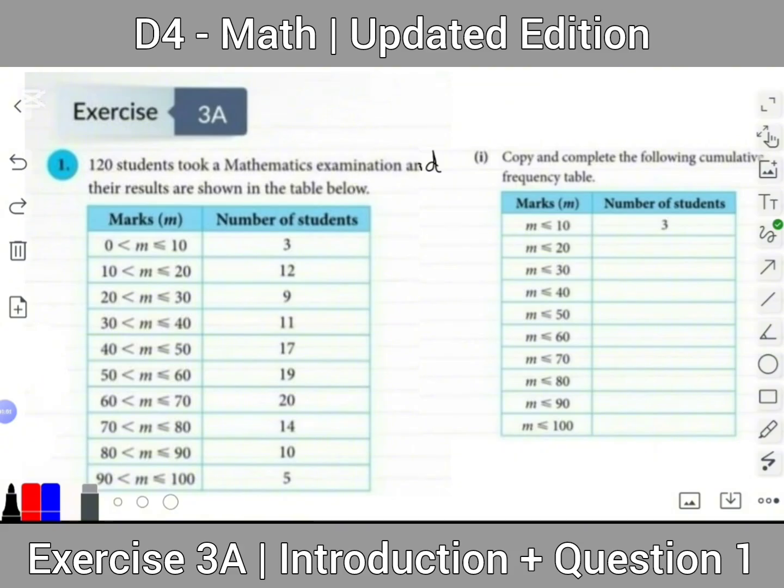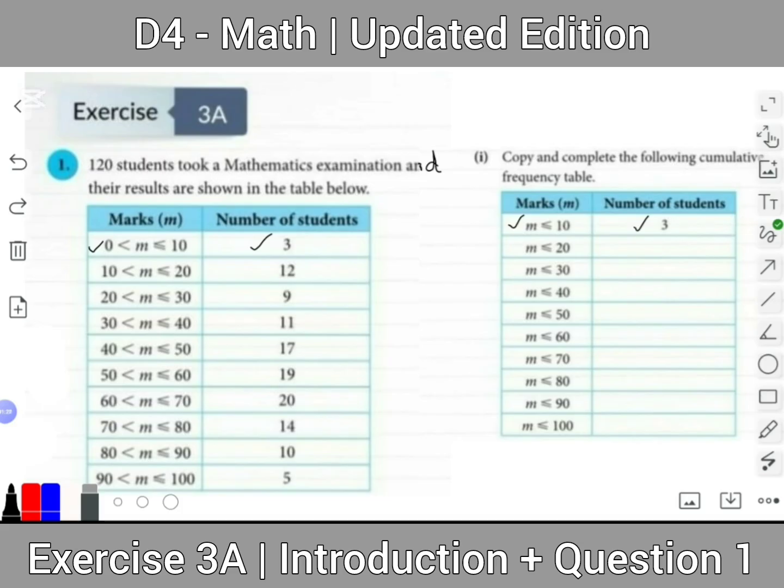So the first entry in the regular frequency table is from 0 to 10 marks with a frequency of 3. So we can just copy it as it is into the cumulative frequency table as well, from 0 to 10 with a cumulative frequency of 3.